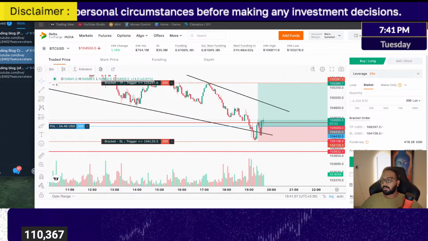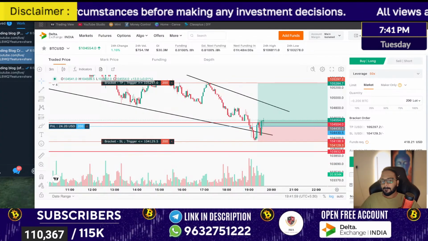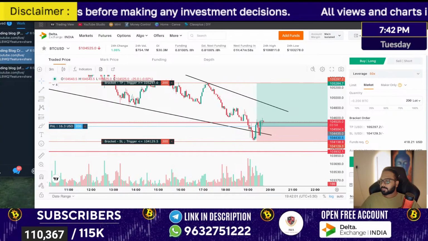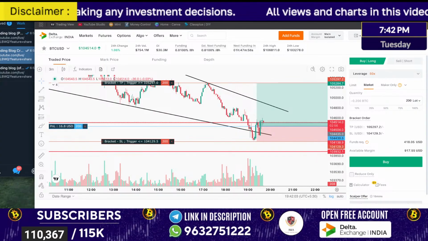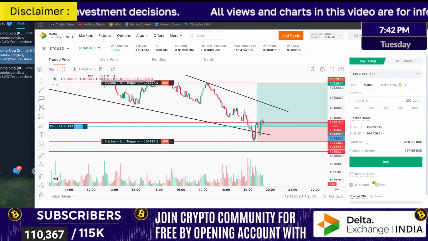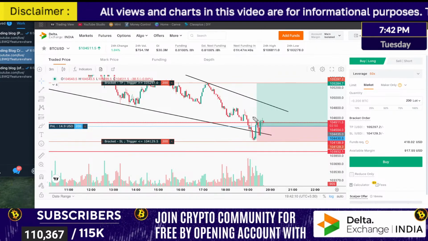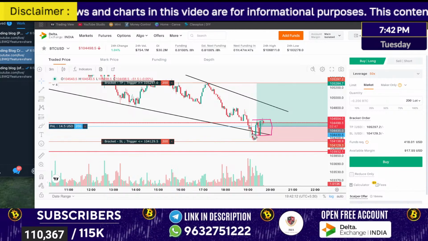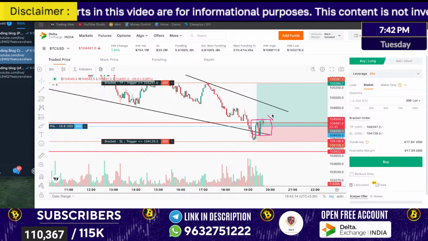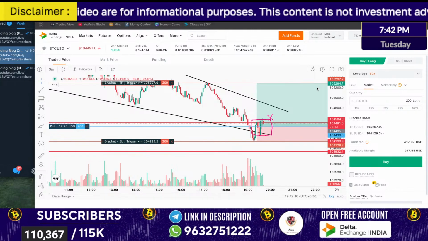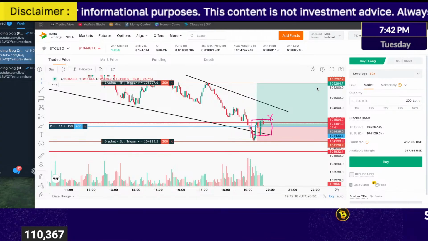We'll see, traders, what the market will do. It should not hold on to this zone a lot. That always becomes a headache.